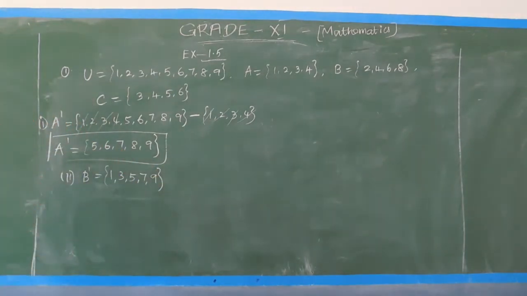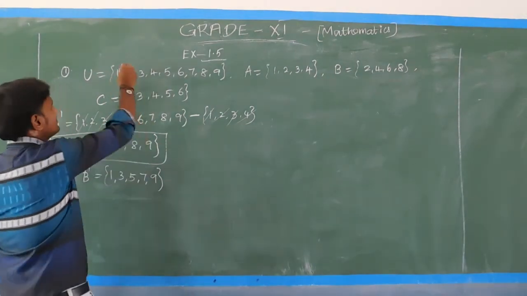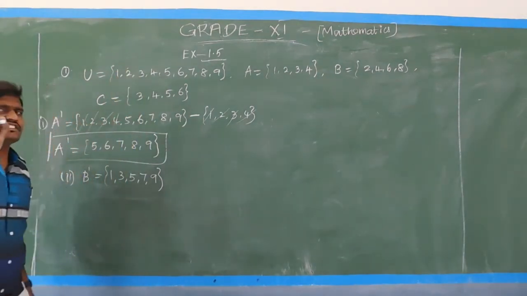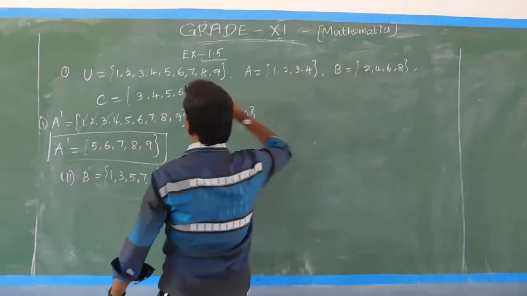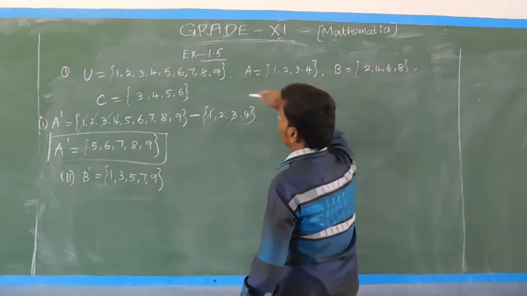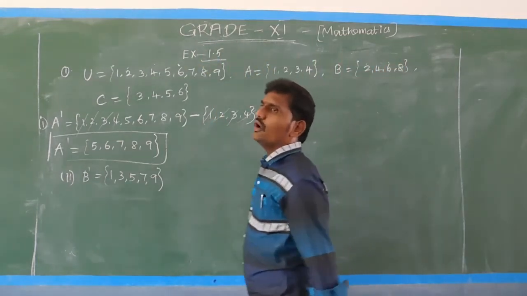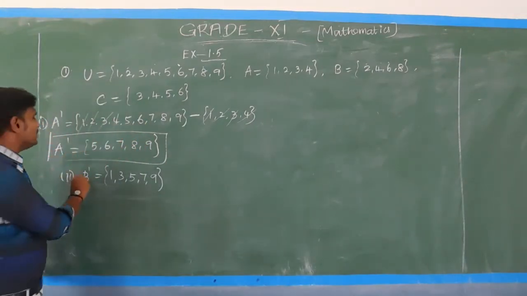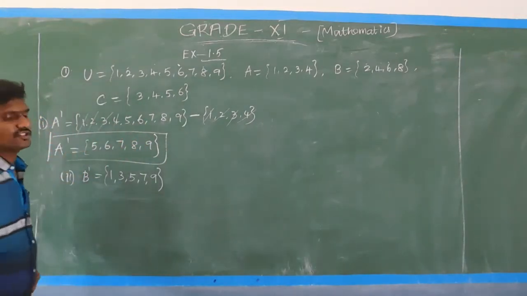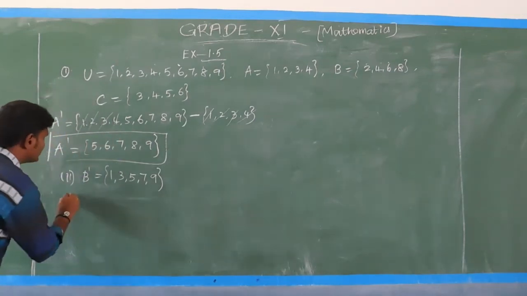So this is your B dash. It's very simple. Or otherwise, put a small landmark like 2, 4, 6, 8. I want to eliminate the elements of B in the universal set and write the rest, that is called B dash.